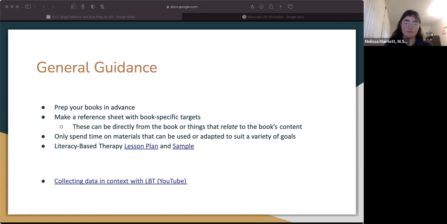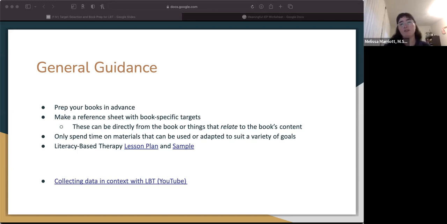You also saw several slides back in the literacy-based therapy that I store all my books in hanging files, usually by theme or topic. That way I know where they are. And we often cycle through some of the same topics year after year, or maybe every other year, and that way all of my books on that theme are grouped together and easily findable.